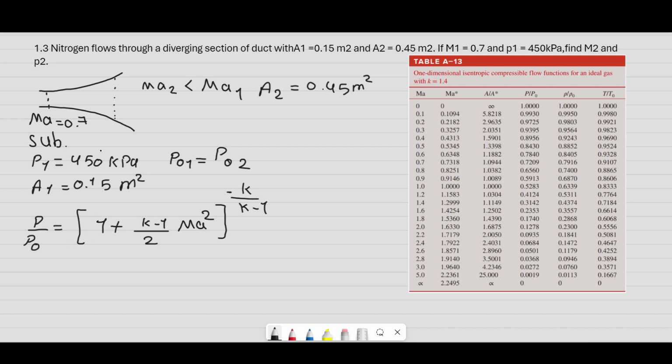So now we put Mach number 1 here, and we can find P01, which is equal to P02.